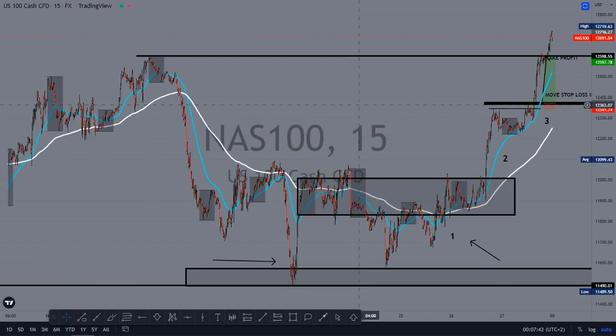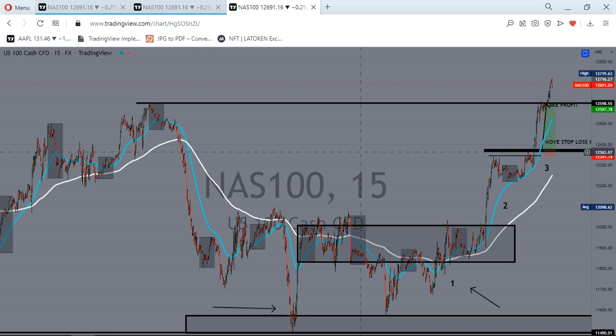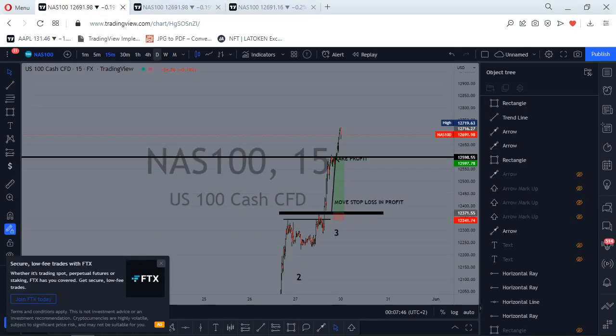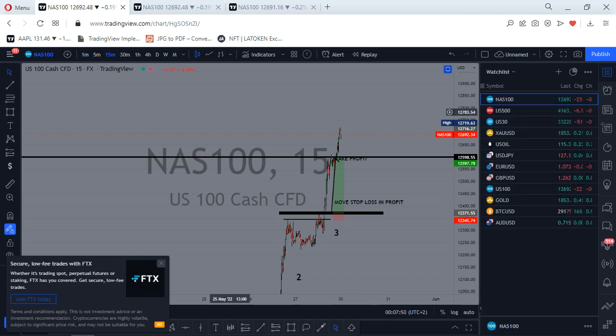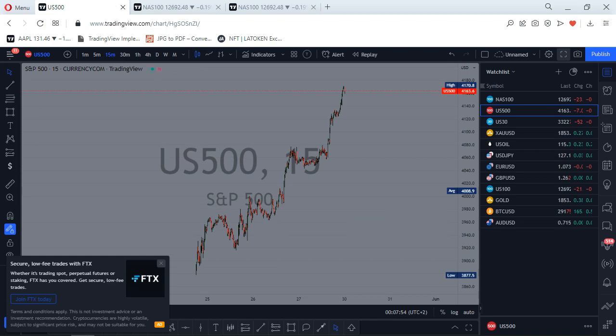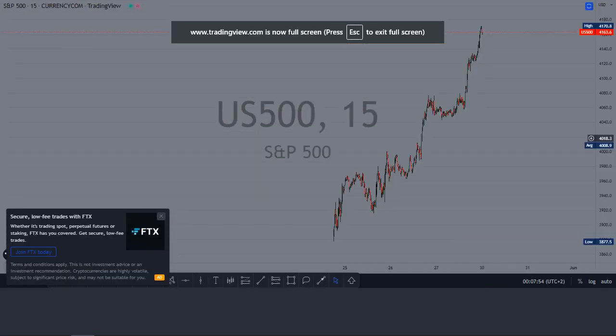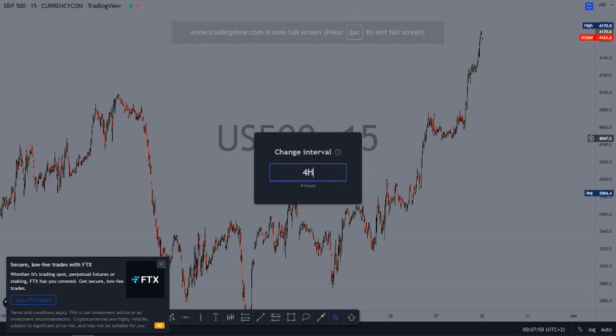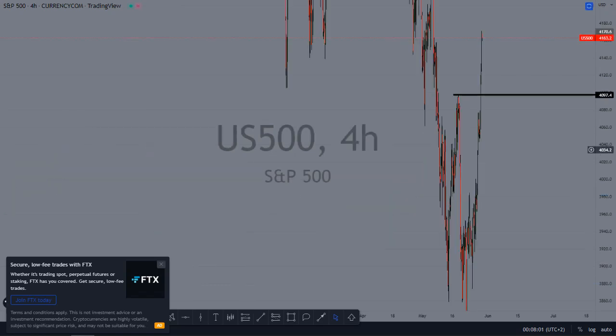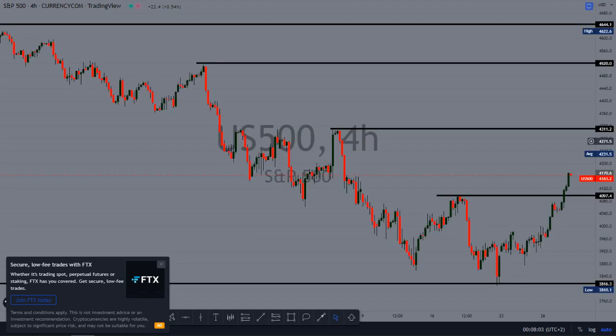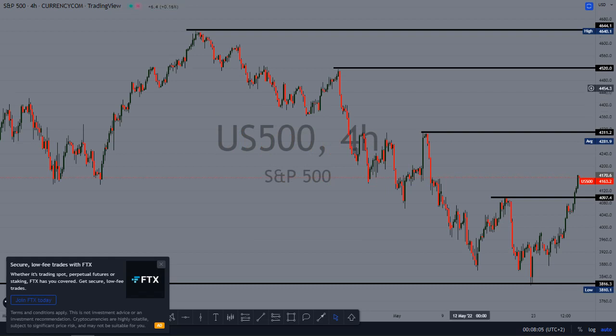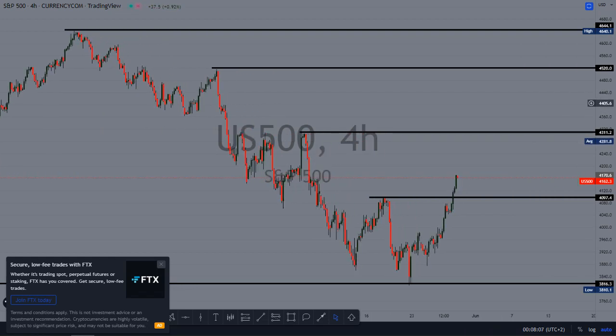So let's go into US30. You can see if we go into US500, which is the S&P 500, and start on the 4-hour time frame, we can see here it's the same as Nasdaq.